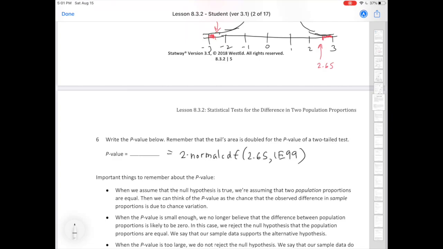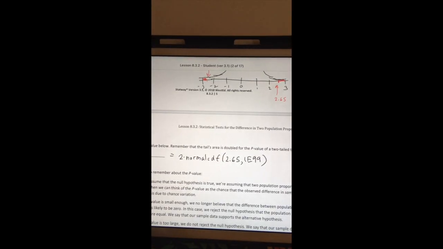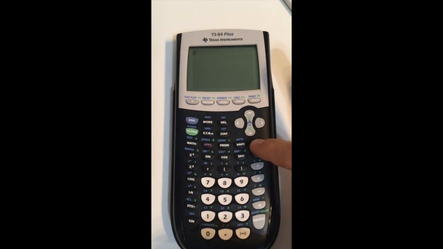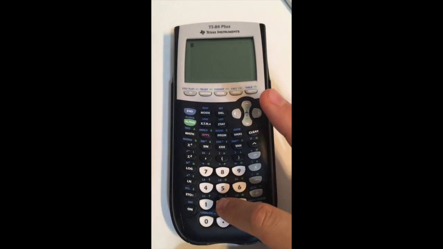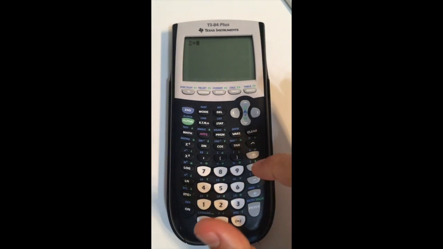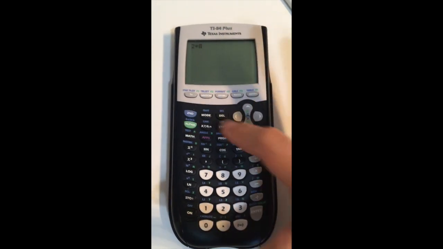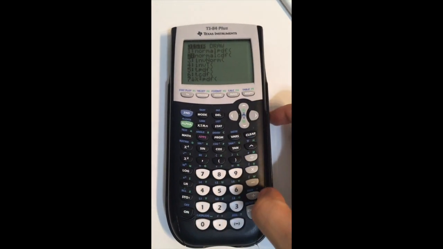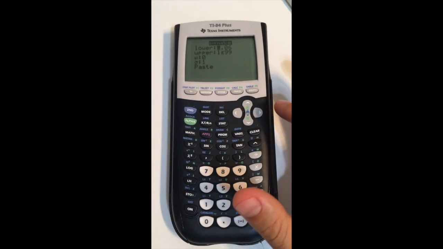Okay, so I'm going to cut to the calculator now. Let's remember how to do this in our calculator. Coming over to the calculator, I'm going to start by doing 2 times, that way I don't forget to double my answer. Second, DISTR, go down to normalcdf, hit enter.